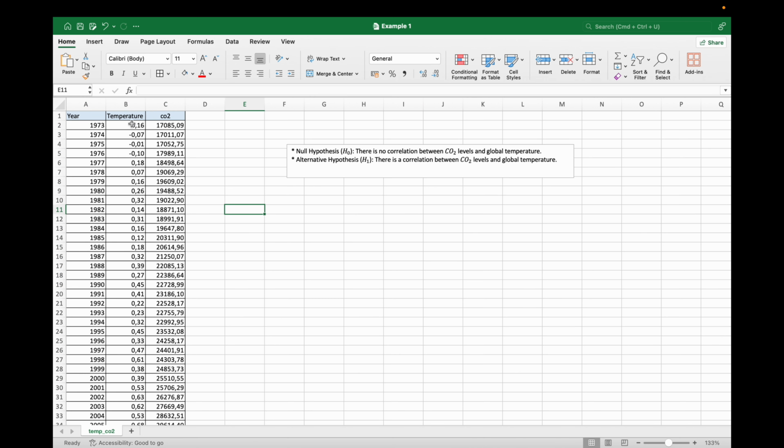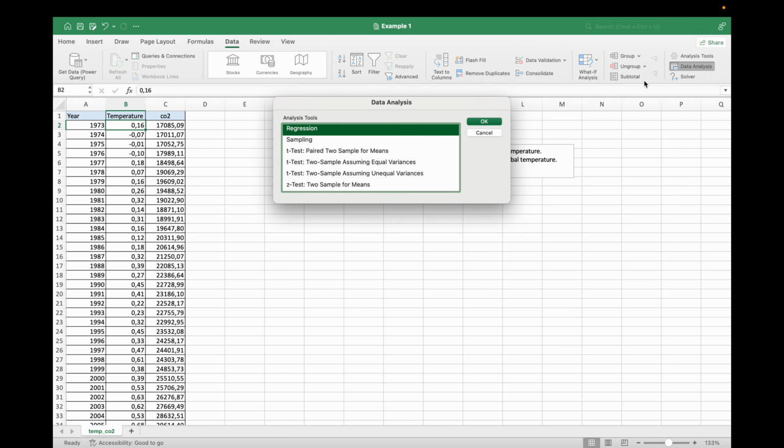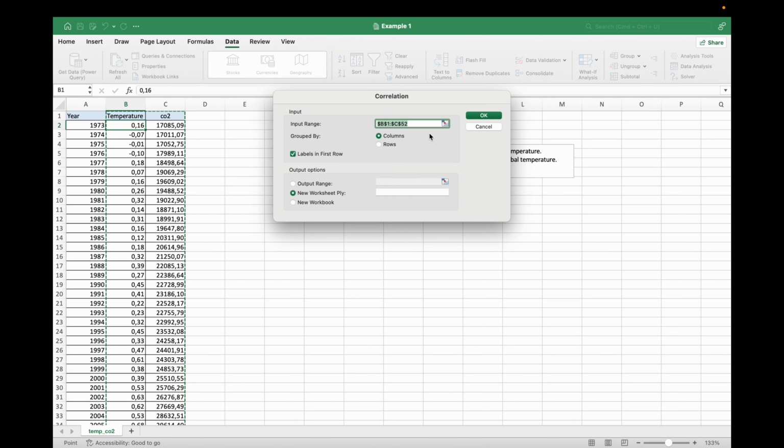First, I will calculate the correlation to see the relationship between these two datasets, the temperature dataset and the CO2 dataset. First, we click the data and go to data analysis. We have the correlation, and the input range.